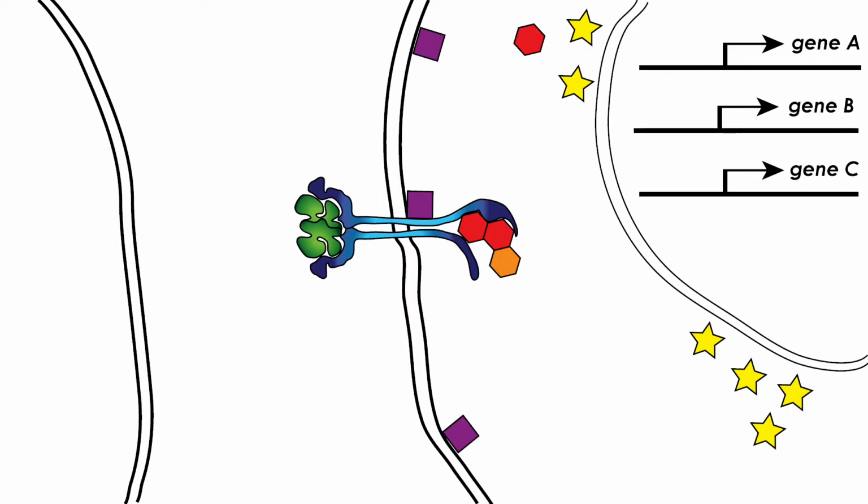This is illustrated here as a color change from red to orange. And in this way, through a cascade of conformational changes, the signal is transduced from one factor to another, until the ultimate goal for cellular response, which in this case is the activation of a transcription factor complex that regulates the expression of specific gene targets.